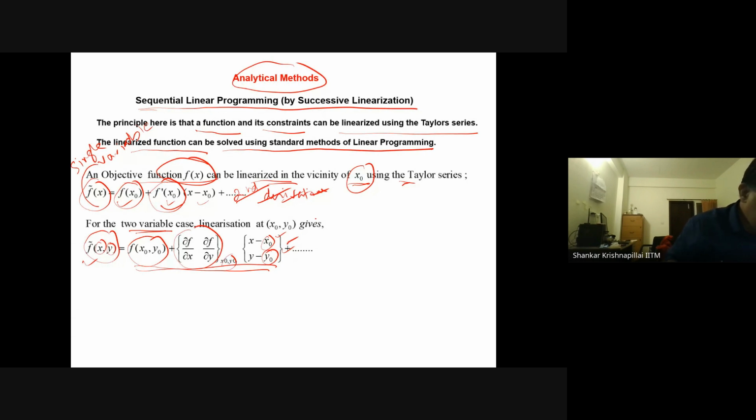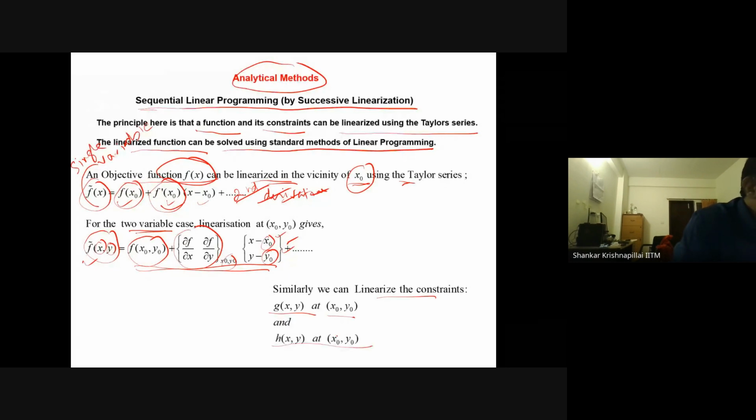Similarly, the constraints can also be converted to the linear form. The constraint may be a quadratic or cubic equation, but it can be converted to the linear form like this, and then you can solve it with the LPP methods.